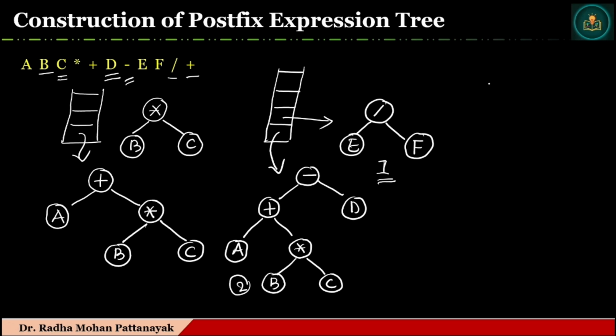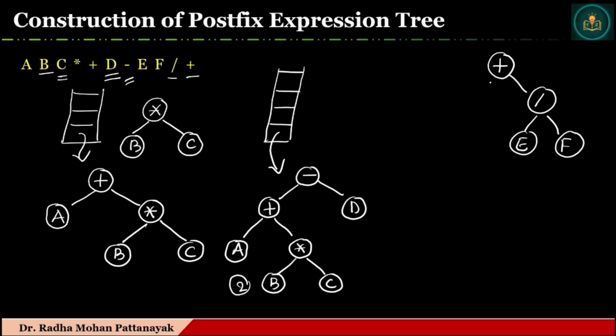Make plus the root node. Then make this tree, division with E and F, the right child of plus. Then the second tree we replace here: draw this tree on the left side of plus.